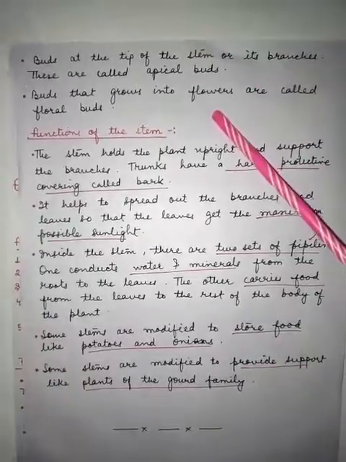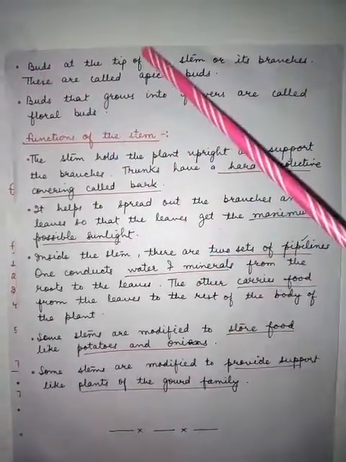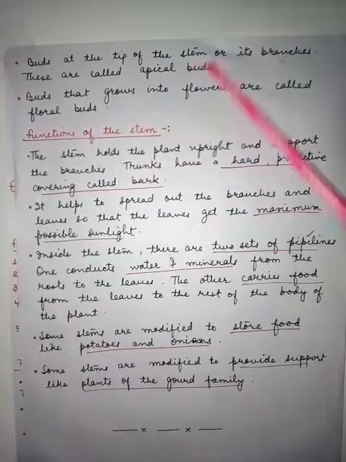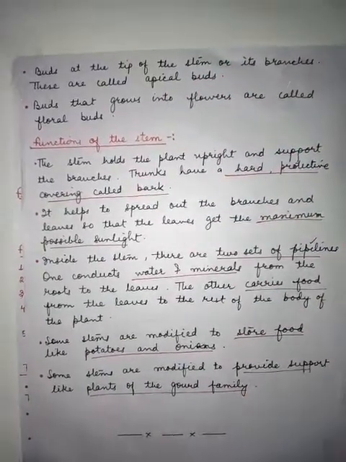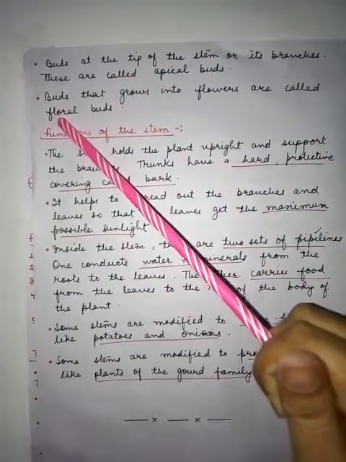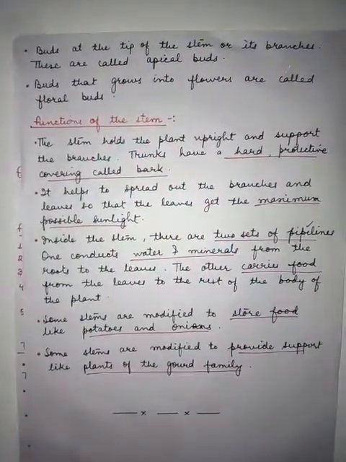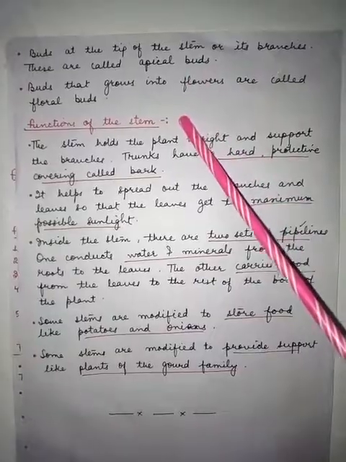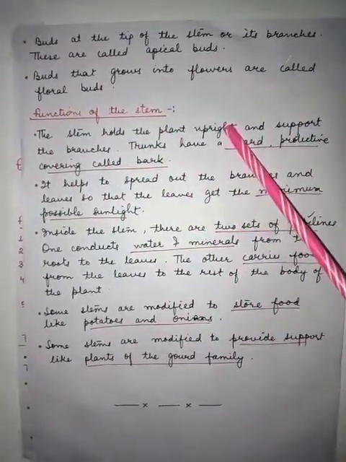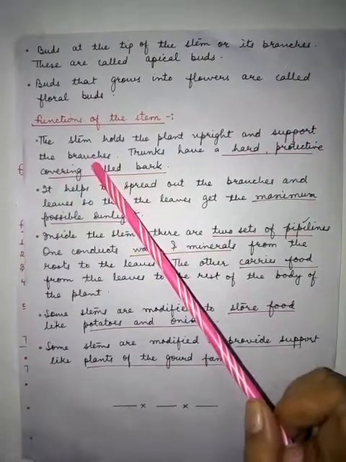As you can see in the diagram, there are buds present at the tip of the stem. Such buds are called apical buds. And there are some buds which grow into flowers, and such buds are called floral buds. Some important functions of the stem are: the stem holds the plant upright and supports the branches.